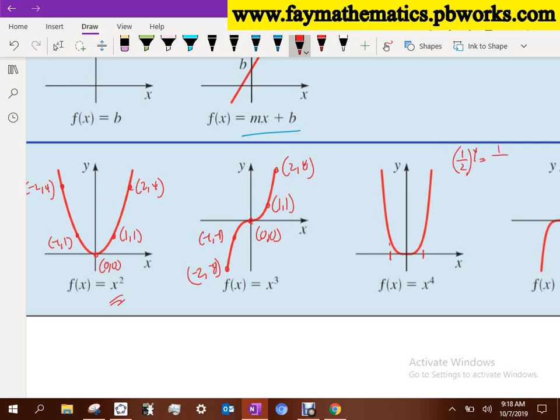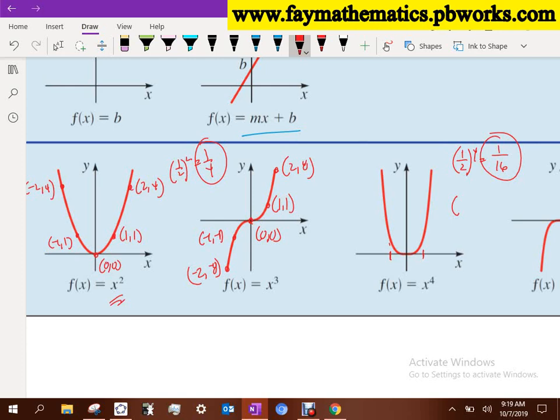That becomes 1 over 16, right? Where if I took over here the x value of 1/2 and squared that, it's 1 over 4. You see how 1 over 16 is a much smaller value than 1 over 4? So when we're between negative 1 and 1, that x to the fourth kind of bottoms out.